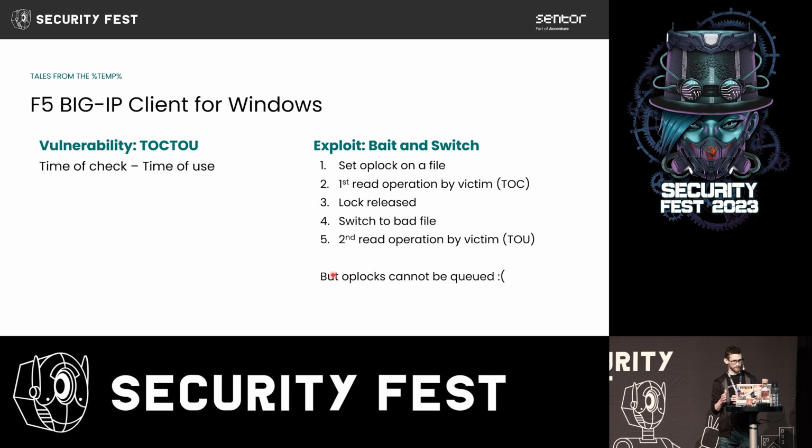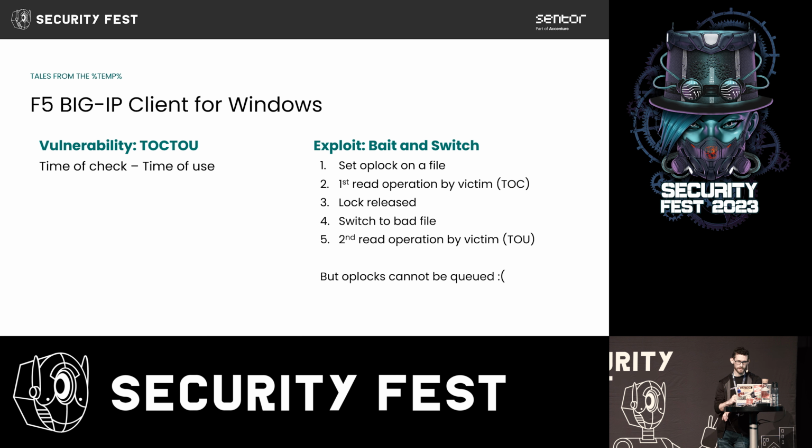So you set an oplock on a file. You wait for the victim to hit that lock. Then you release the lock, and then you switch to the bad file. And when the file is actually used, you have your bad contents in that file. But the problem is that I have a queue of read operations, and oplocks in their basic form can't be queued.